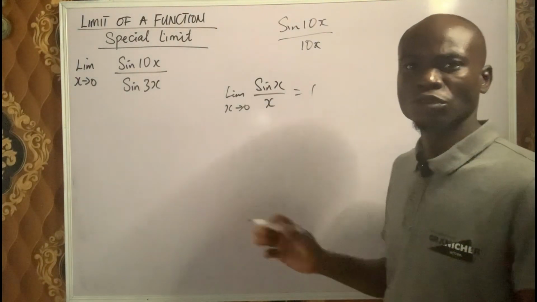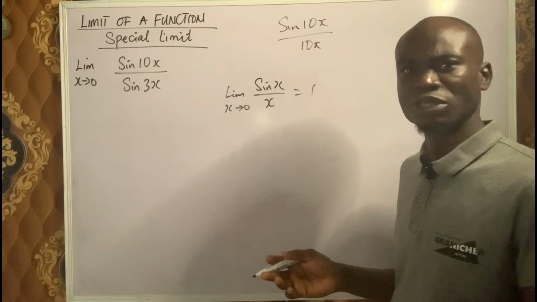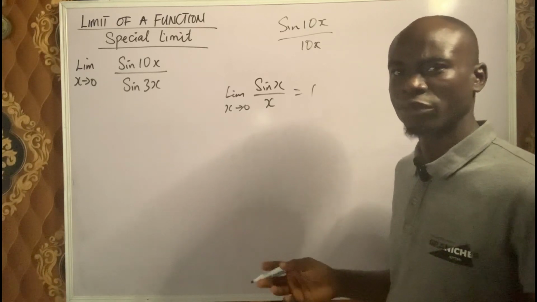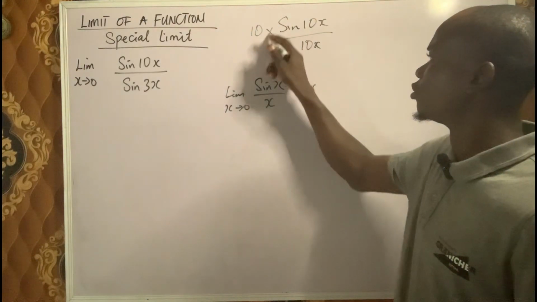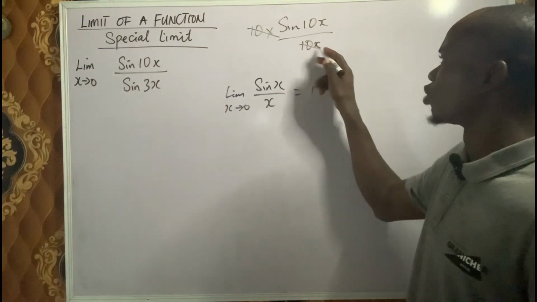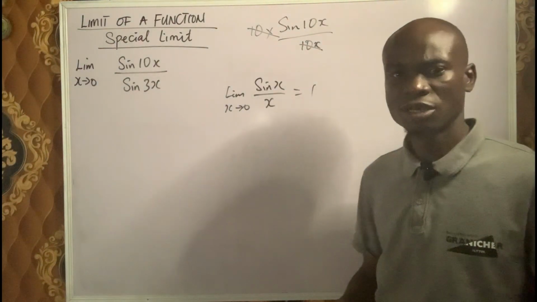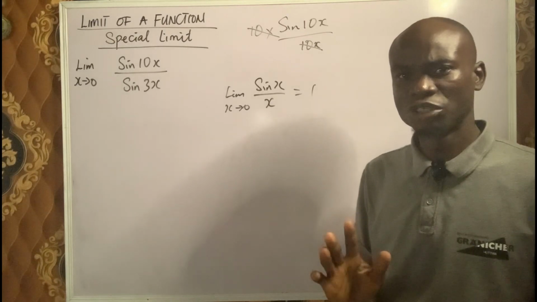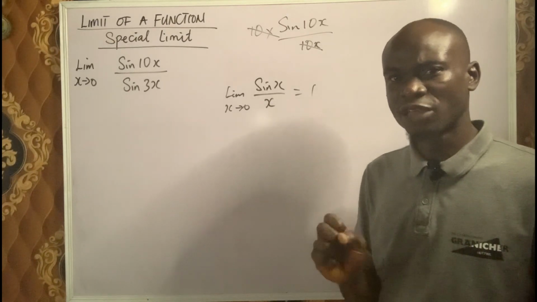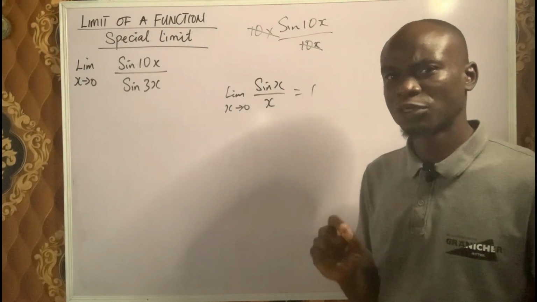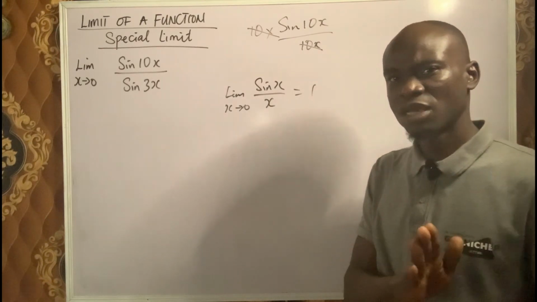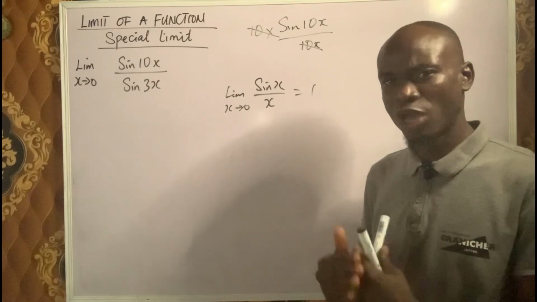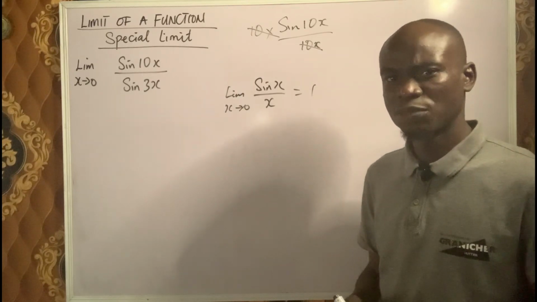And I cannot just introduce over 10x like that. I need to bring something equivalent that can take it back to normal sine 10x. So if I put 10x here to multiply, they can cancel out and it still remains sine 10x. This is the logic. Anytime you have the sine of a function in a special limit, just take whatever the sine is carrying to multiply it and to divide it. Then you have the opportunity of making it a special limit.